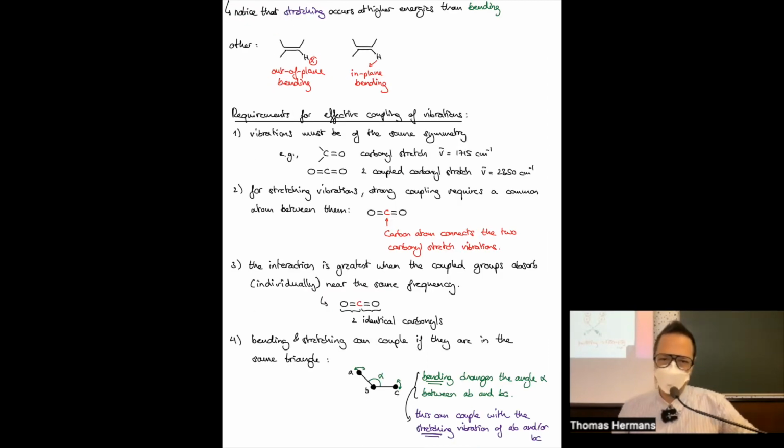Okay, so the first thing to notice is that these stretching vibrations happen at much larger wave numbers than bending, right? You're here at a much lower wave number. So if you have larger molecules, let's look at, for example, this compound.